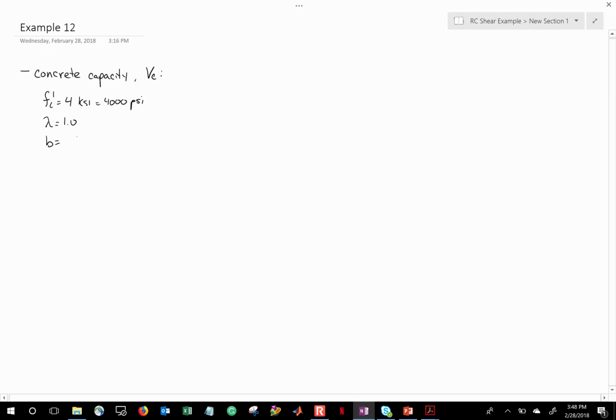B was 12 inches, and H is 24 inches. So to determine VC, it is 2 lambda BWD square root of FC prime, which is 2 times 1 times 12 inches times 24 inches times the square root of 4,000 PSI.